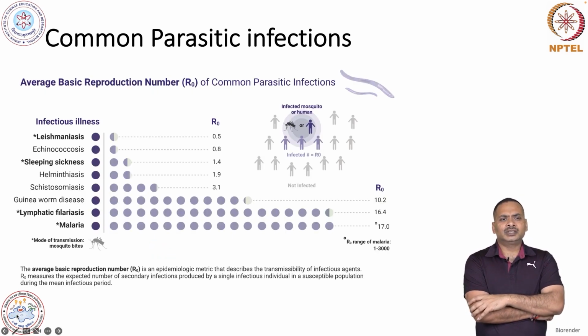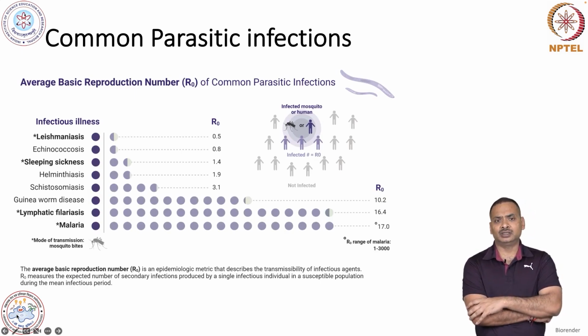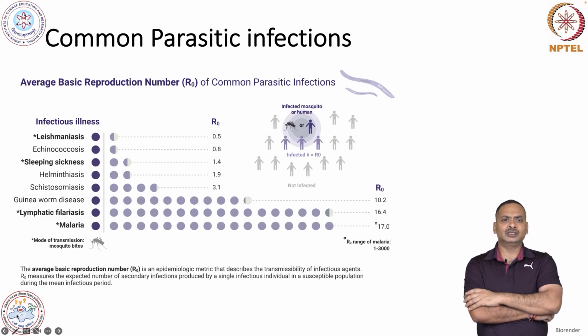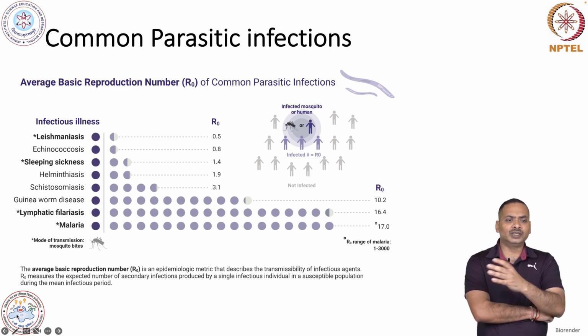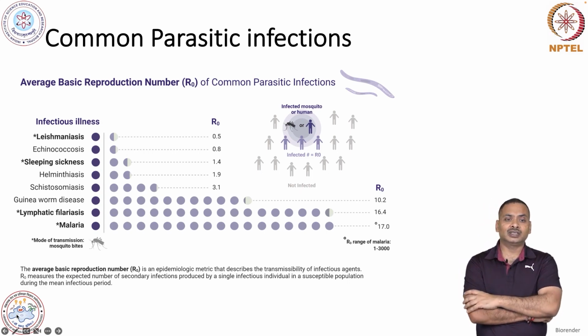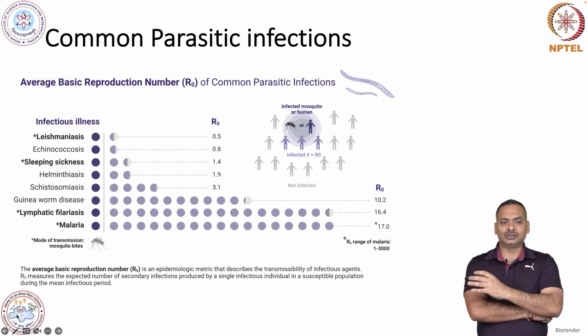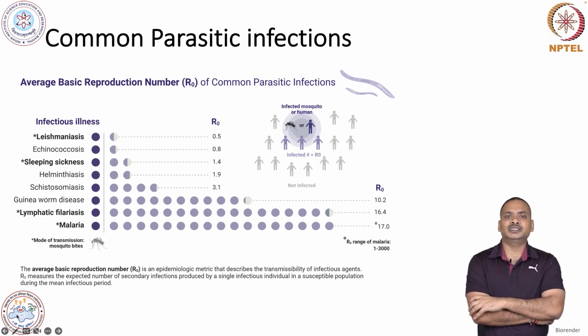Another term used is the average basic reproduction number, again in the case of common parasitic infections. It is represented as R naught, or R0, an epidemiologic metric that describes the transmissibility of an infectious agent.